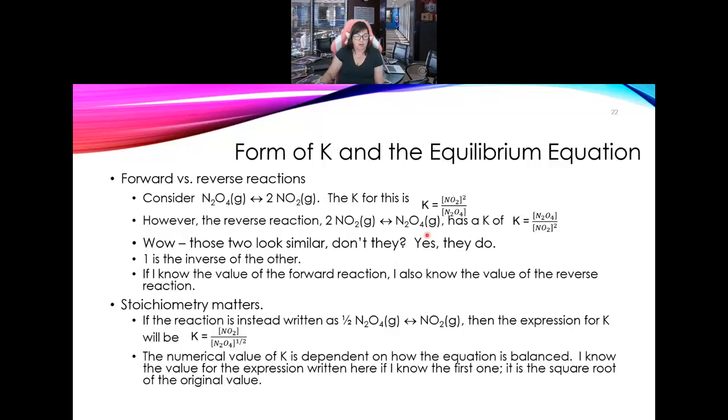This K is not the same as this K. This one is the square of this one. So if I take the square root of this, I get this. So there is a relationship there, but you need to make sure that you're reporting the K expression for the right value, okay? Because these will have values, and you need to make sure that you're talking about the right one, okay? That's why stoichiometry is important.